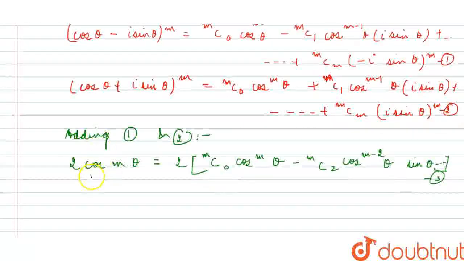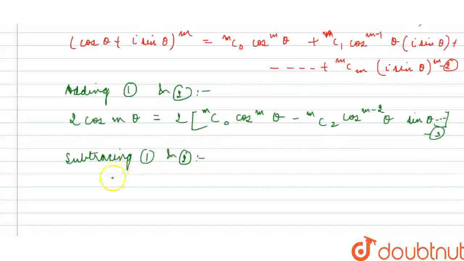Now after subtraction, subtracting 1 and 2, we will be left with 2 iota sine m theta, which is equal to 2 iota, I'm taking common.